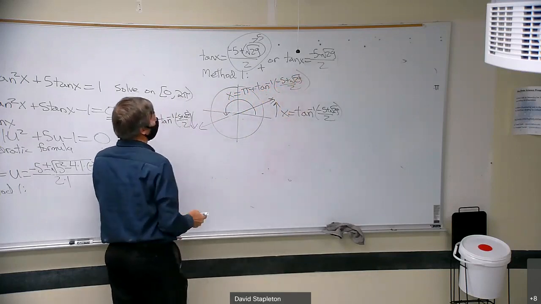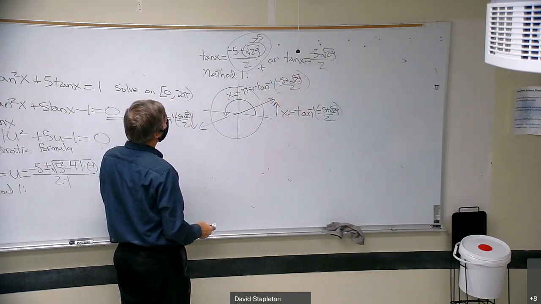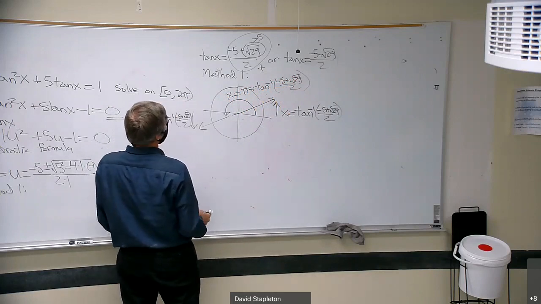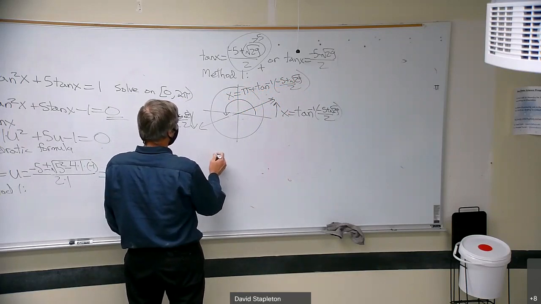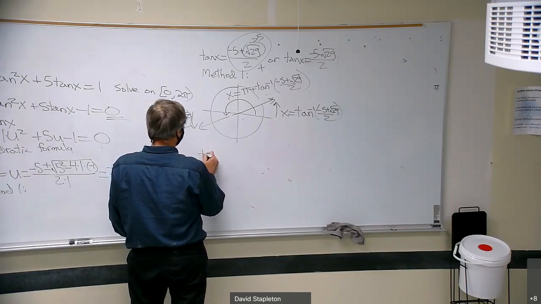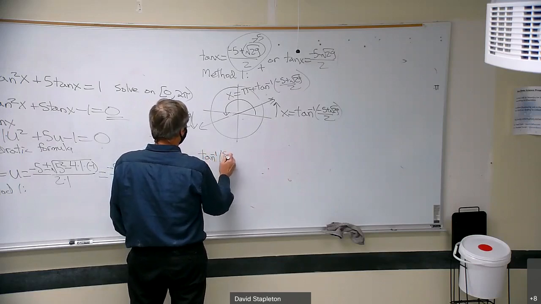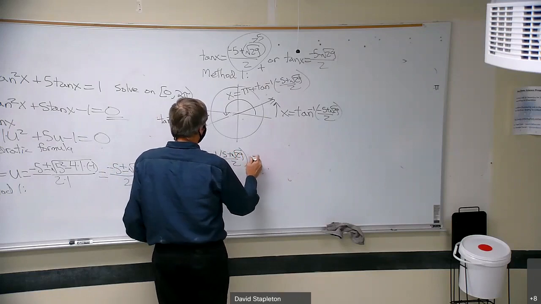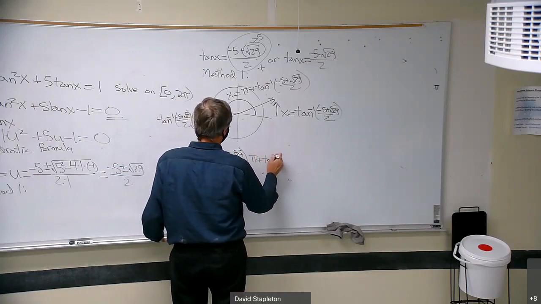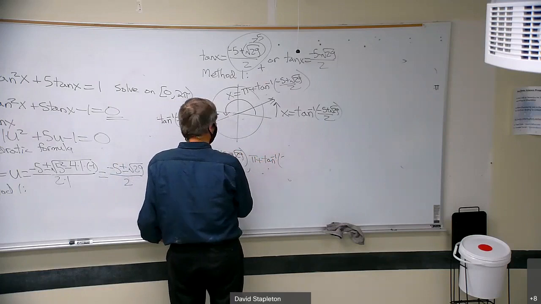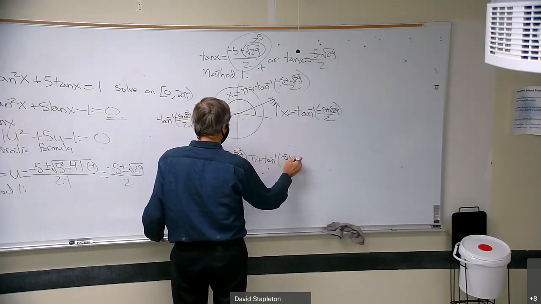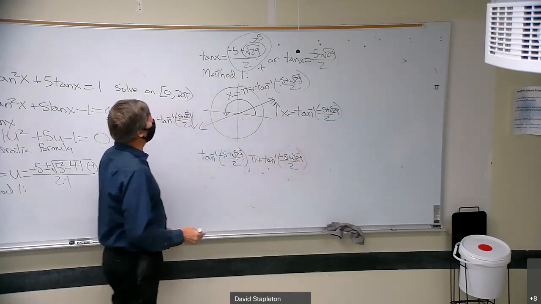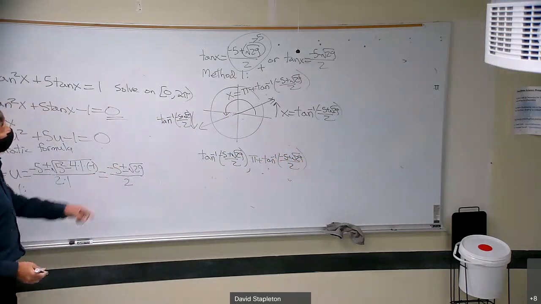What we observe is that there are these solutions within 0 to 2 pi: arc tangent of minus 5 plus square root 29 over 2, and pi plus the arc tangent of minus 5 plus square root 29 over 2. That's the two solutions corresponding to the plus sign here.